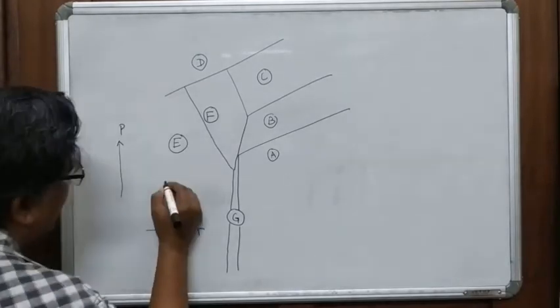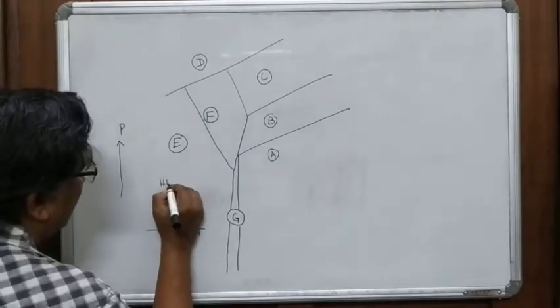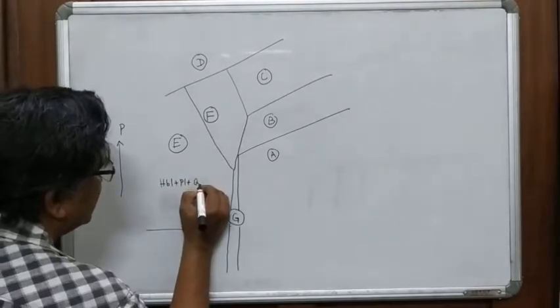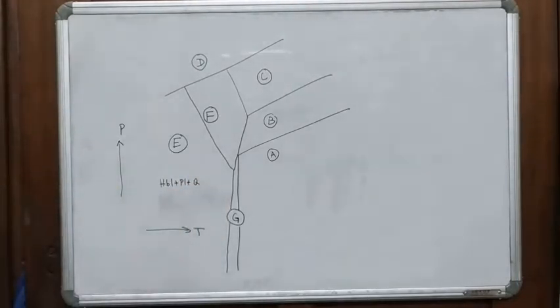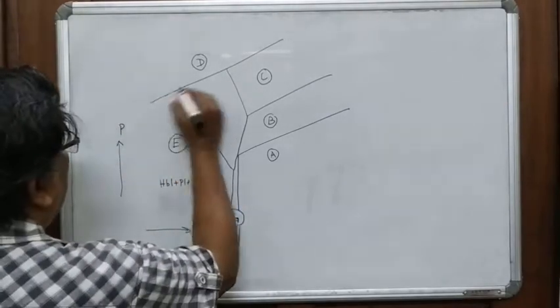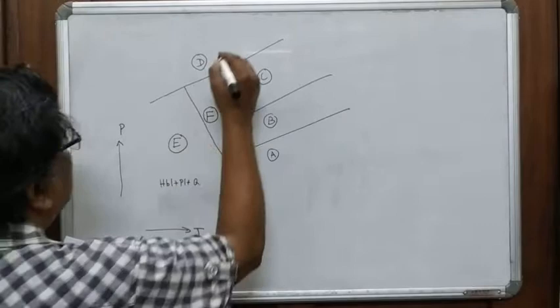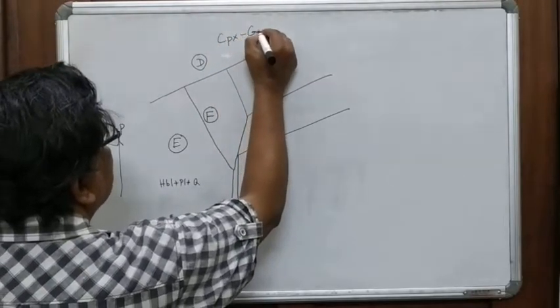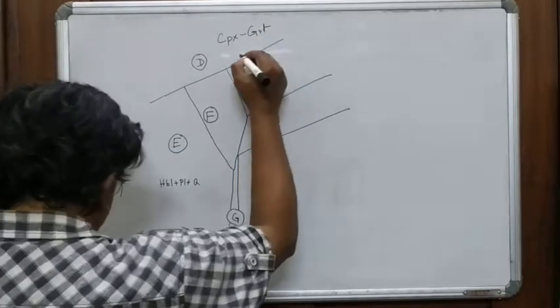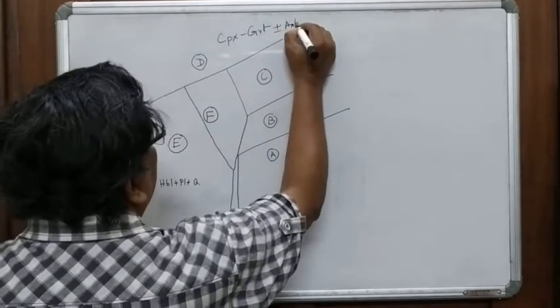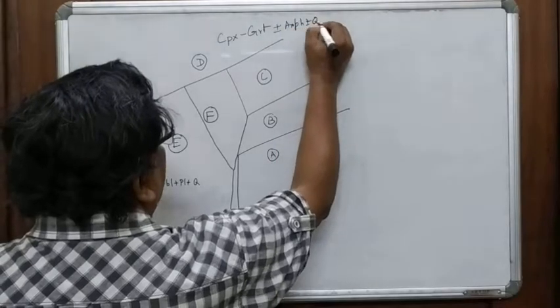So here, for example, this is the classical hornblende plus plagioclase plus quartz phase diagram here. And from there, if we go here, this is the eclogite phases. So we have clinopyroxene, garnet, and note here, I'm writing plus minus amphibole, plus minus quartz.